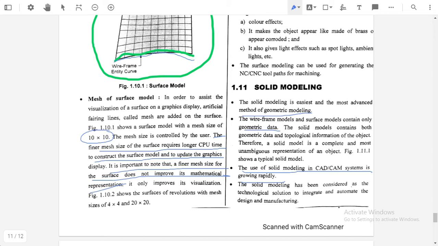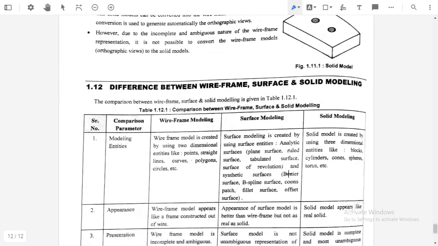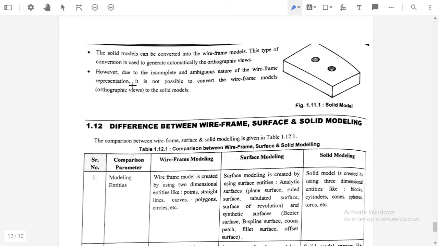Okay, solid modeling has been considered as a technological solution to integrate and automate the design of manufacturing. Means it gives a technical solution to design the object. See here, this is a solid model, and this model has two holes, and inside those holes threads are present.